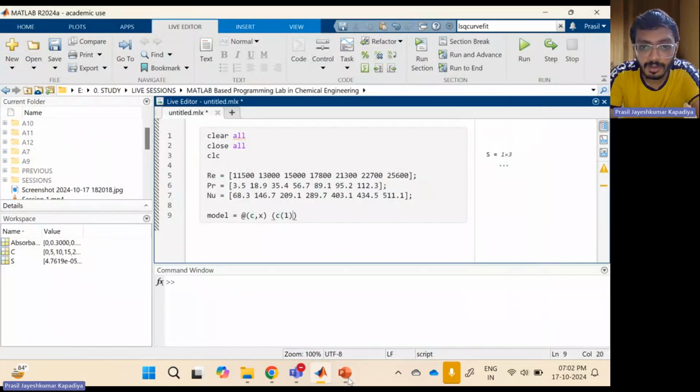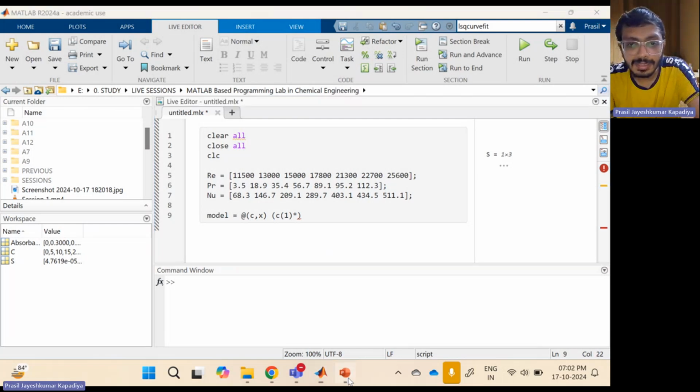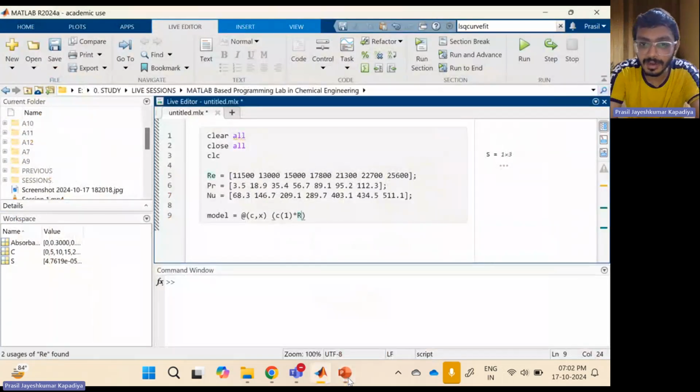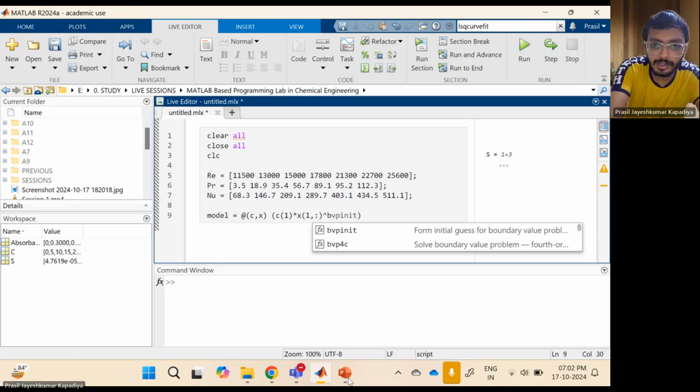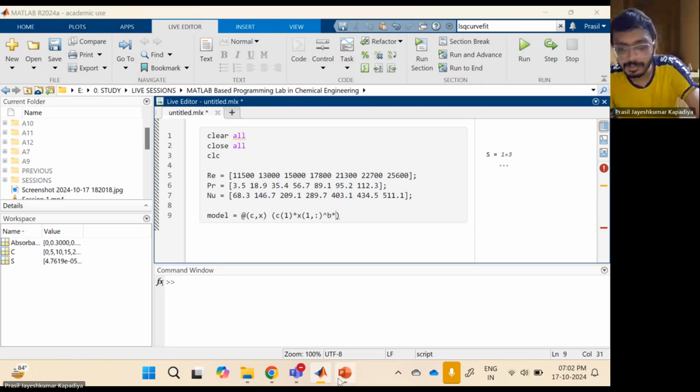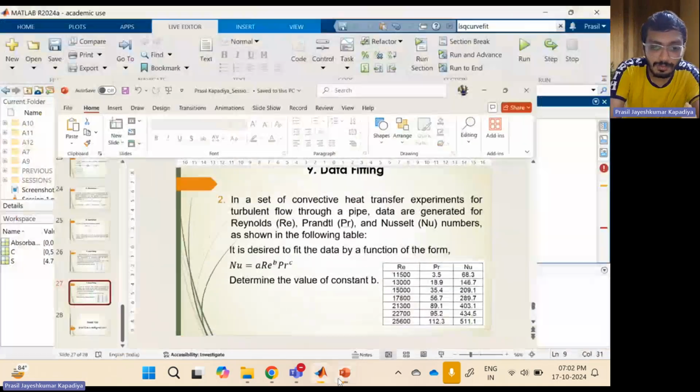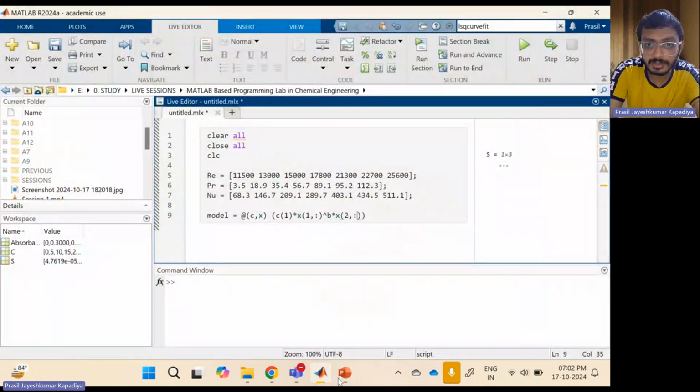So C of 1 into Re raised to B. I can't write Re, so I have to write X of first row, all columns, raised to B, into Prandtl number to the power C. So X of second row, all columns, to the power C. Here we need to put one dot because it is matrix.